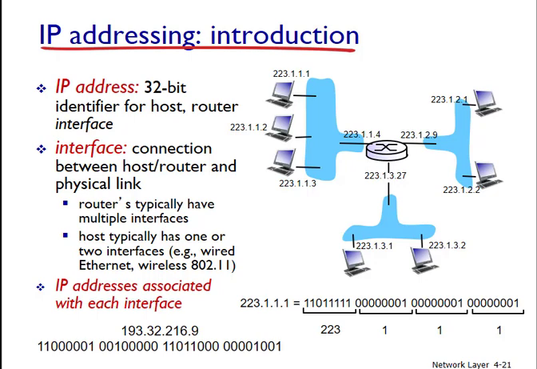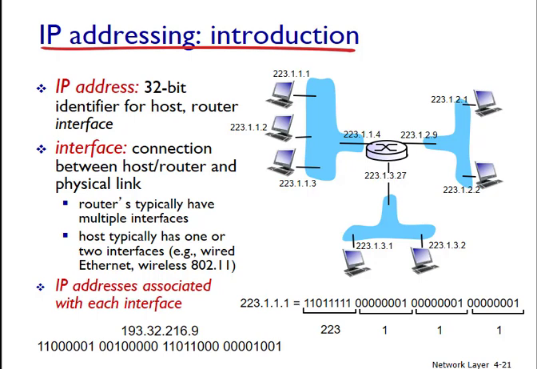Because every host and every router can send and receive IP datagrams, IP, the Internet Protocol, requires each host and router interface to have its own IP address. So an IP address is technically associated with an interface rather than a host or a router containing that interface.